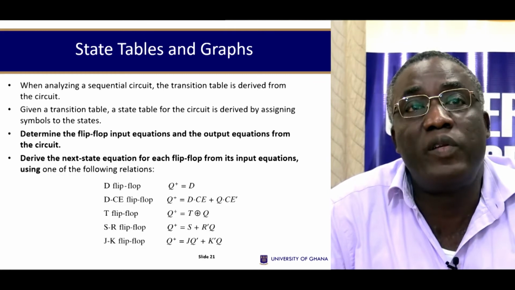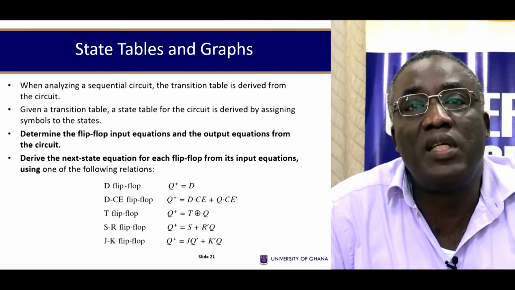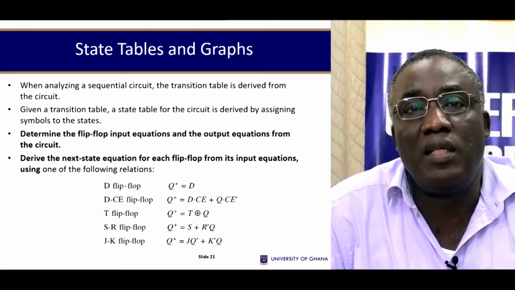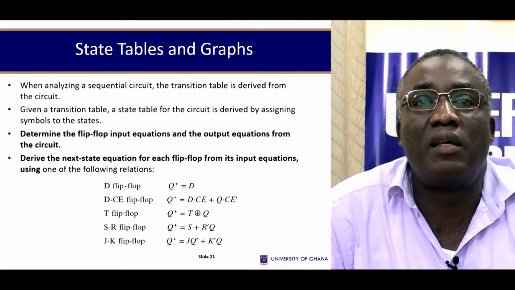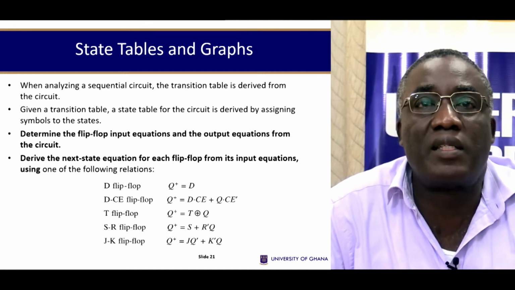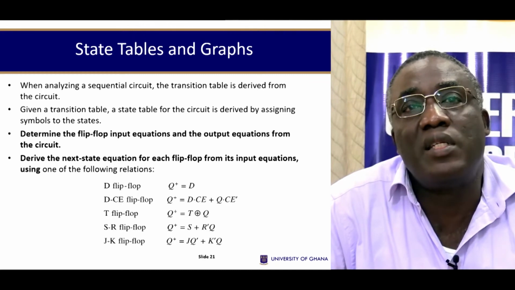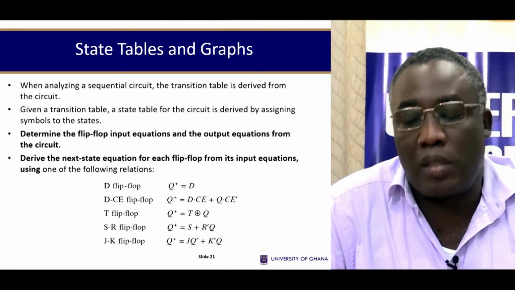If you're using a D flip-flop, then the next state equals D. If you're using a DCE flip-flop, then the next state equals D and CE, or Q and C not E. For T, SR or JK flip-flops, the equations for the next states are shown. But we will concentrate only on the D flip-flop for the moment. Don't worry too much about this at the moment.